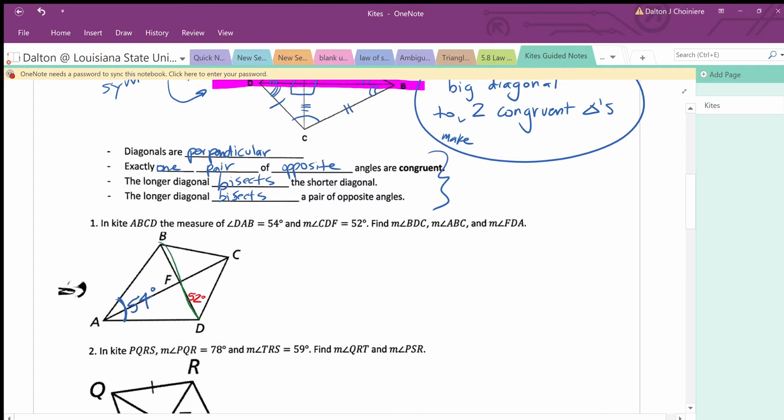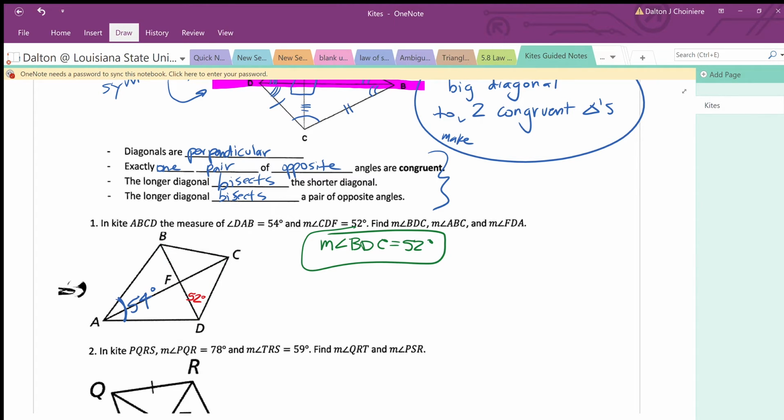B to D, and then D to C. What do you notice about that angle? It's already labeled, so you just found your first answer without doing anything. It's just another name for that angle. So the measure of angle BDC is 52 degrees.